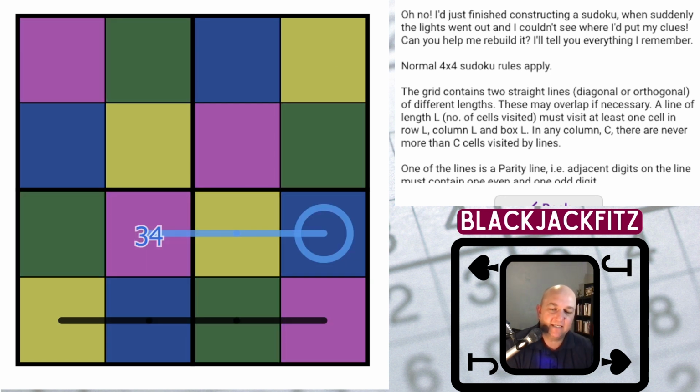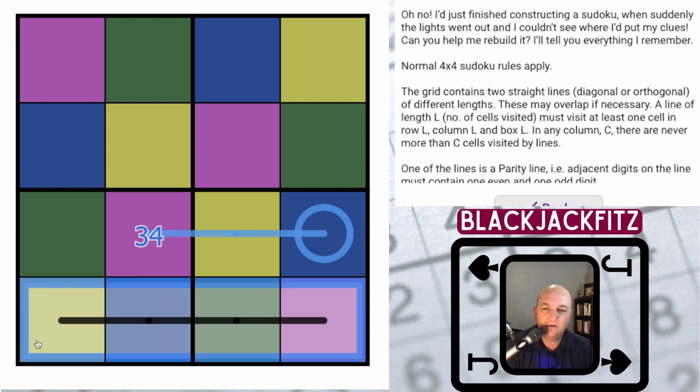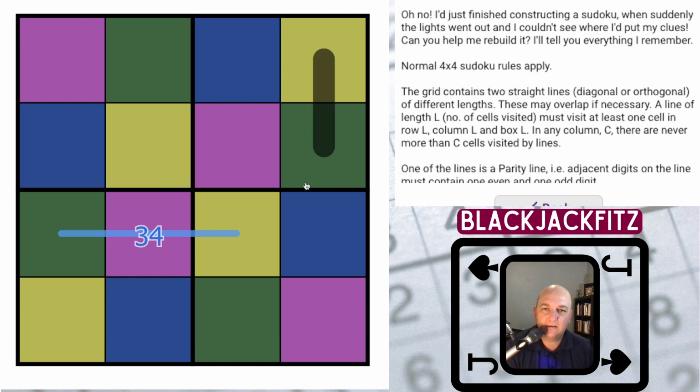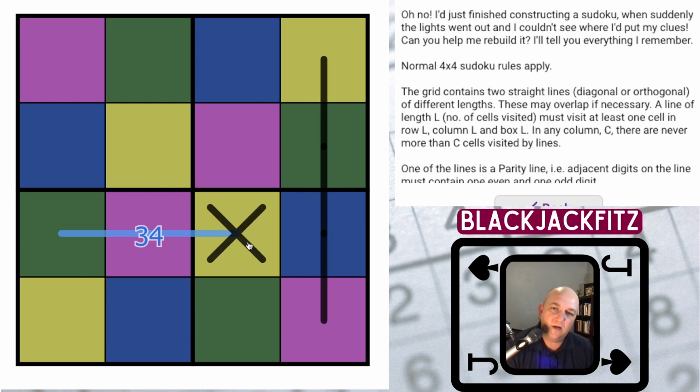I think I understand it well enough. I guess the alternative though would be like this, right? We do that. Now, what I'm saying is this, the odd digit always has to be 3.